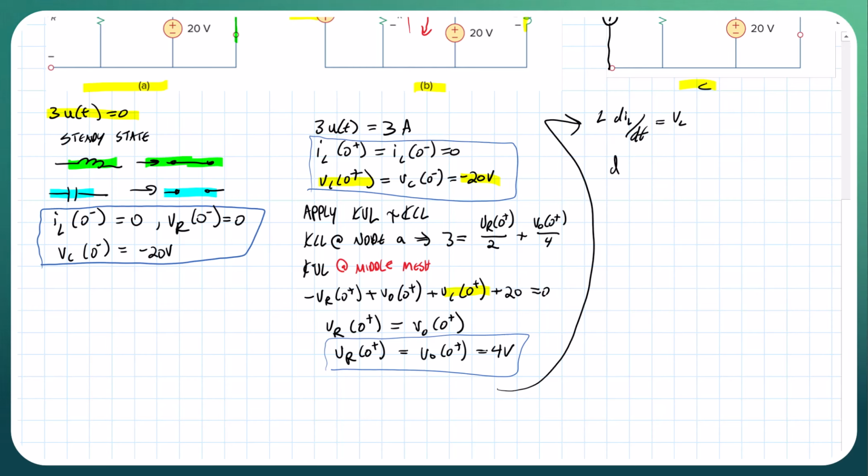I'm going to scroll up here. So we can rewrite this as dIL at 0 plus over dt is equal to VL at 0 plus over L. And now we can apply KVL at the right mesh.